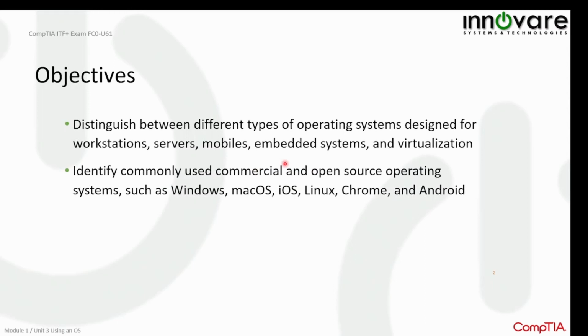We will also identify the commonly used operating systems, either commercial or open source, from Windows, Mac OS, and Apple's iOS for smartphone devices. And then we will also cover using a browser to view websites.